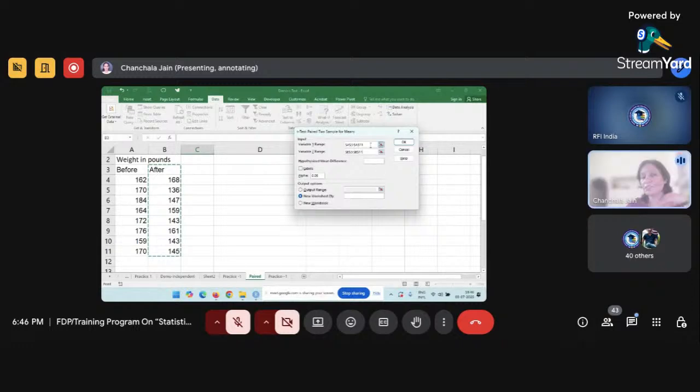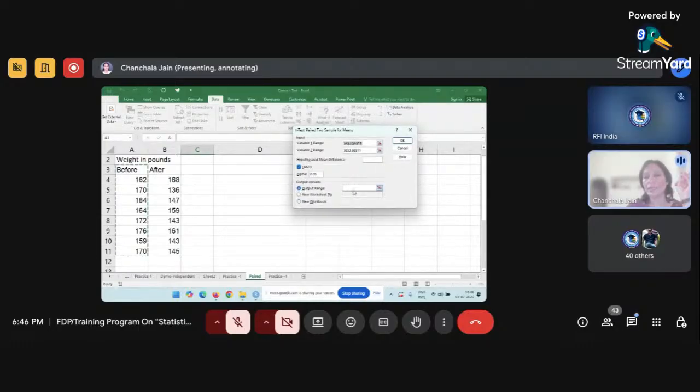I am not stating what the mean difference is between these two dependent samples, so I am keeping it blank. Labels I am selecting, as I selected the data including the labels. Alpha by default is 5%, we'll go with this. Coming to the output option, I'll select the first one, up to you wherever you want to get it. I'll select this one and click on OK.